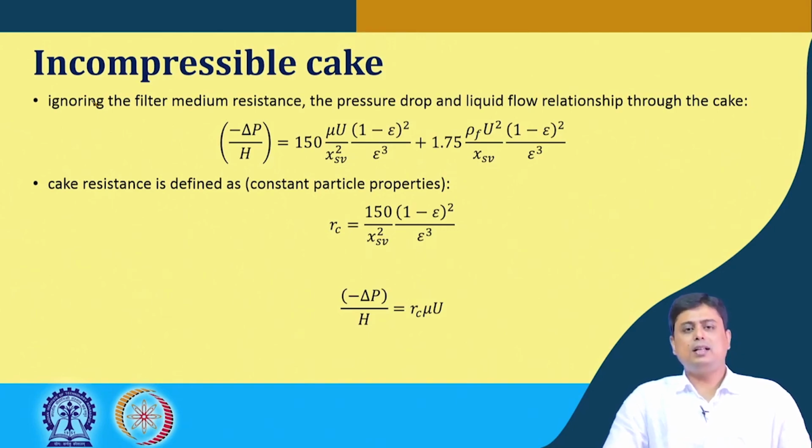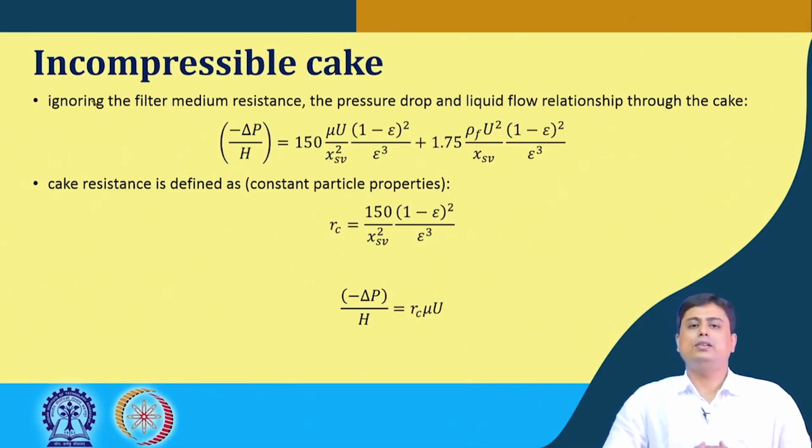So if we consider this incompressible cake, and for the time being consider that the filtration is happening mainly due to the cake that has been formed, because this contributes the major portion of the resistance, let us focus initially on this part only.